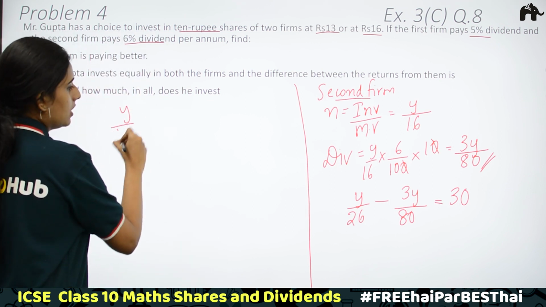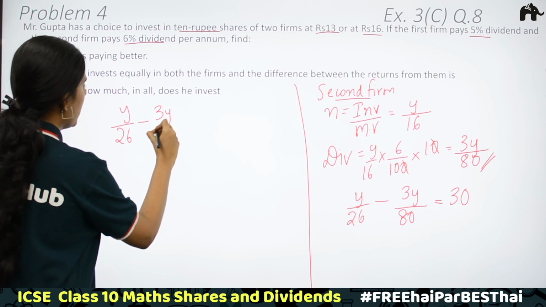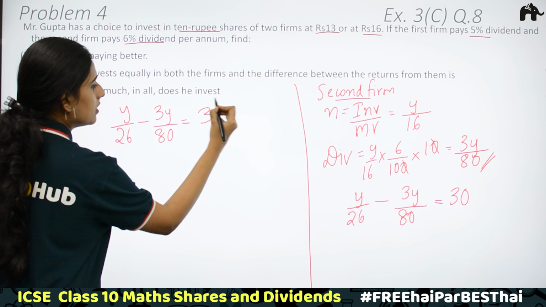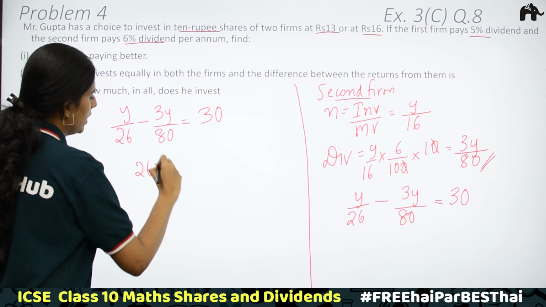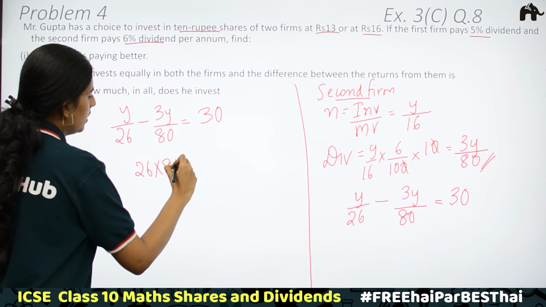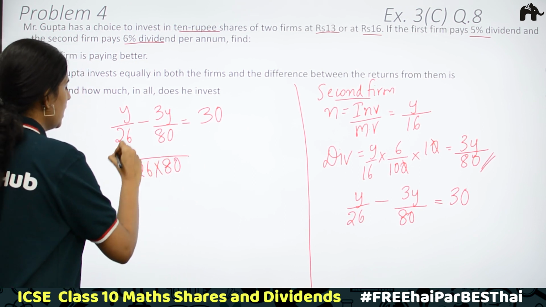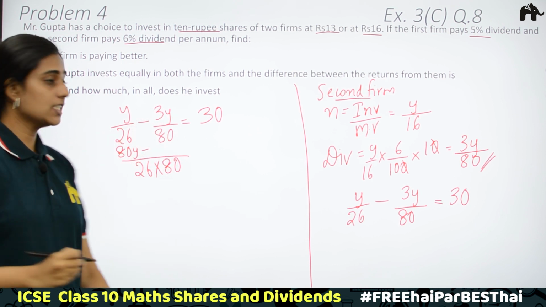Y by 26 minus 3Y by 80 is equal to 30. Taking LCM, denominator you will be getting 26 into 80, numerator 80Y minus 26 into 3.